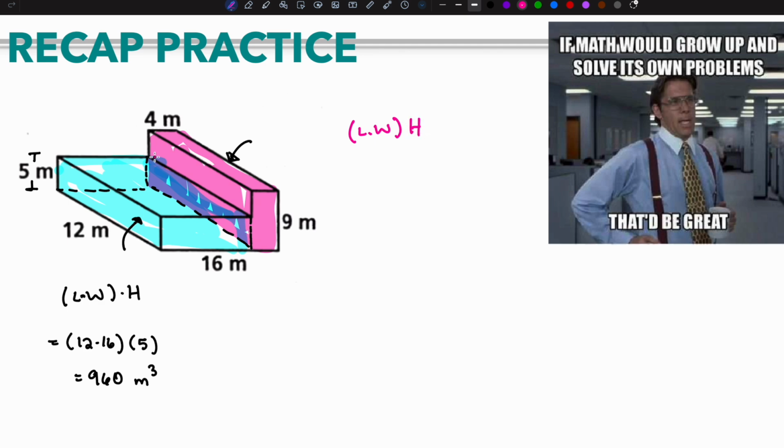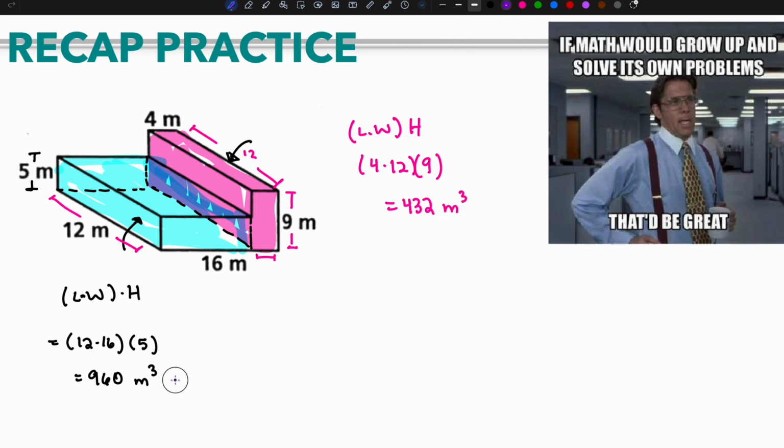Now in this case, you know that 4 goes from here to here, 9 is the height, and the width of this is the same width as the 12. So I know that 12 is the same width. Therefore, the length and width are 4 and 12, and the height of the entire thing is 9. So when you multiply that together, I believe you get 432 meters cubed.